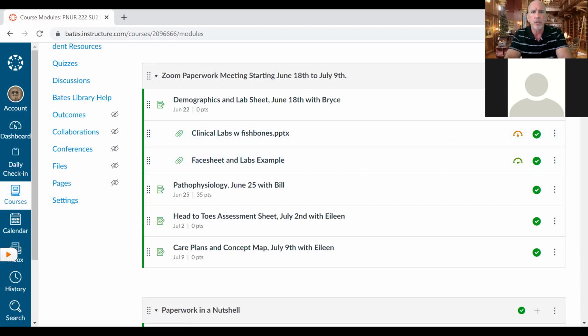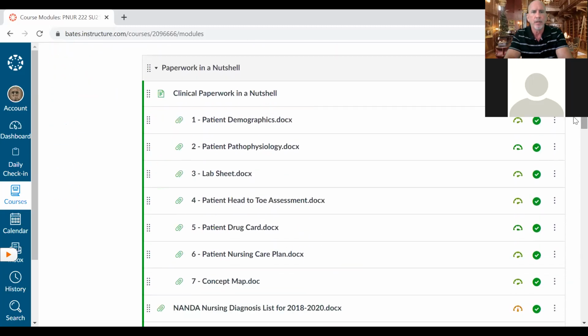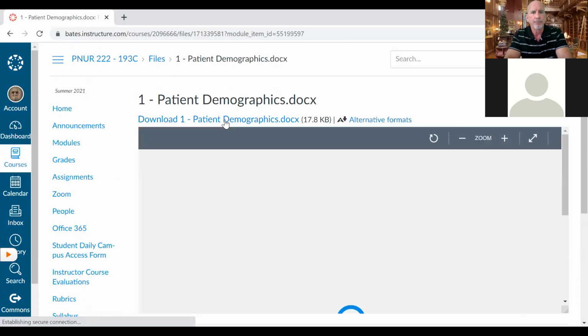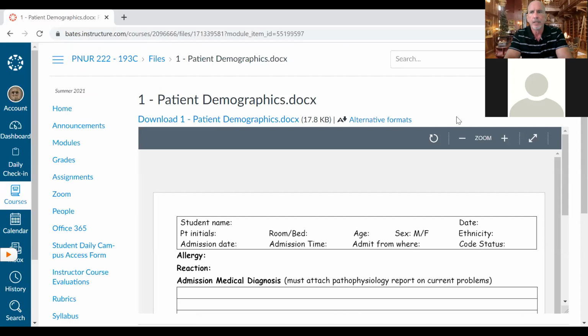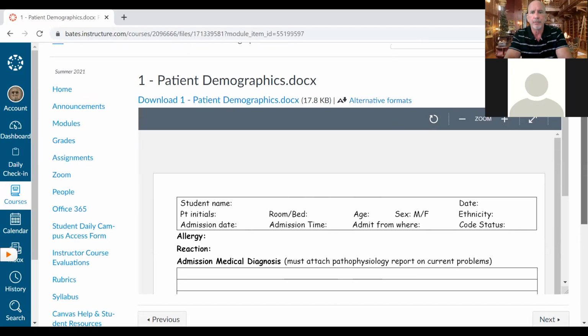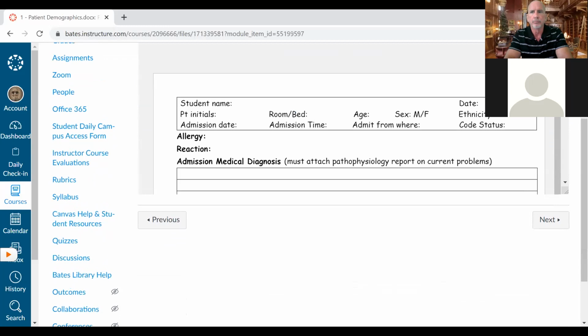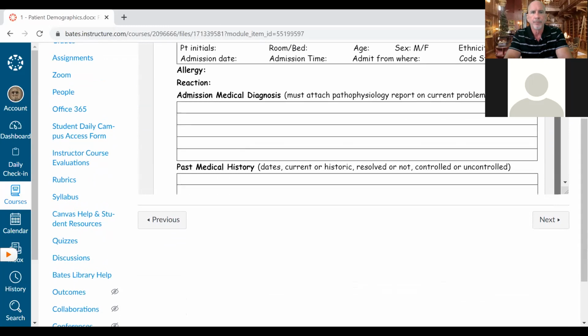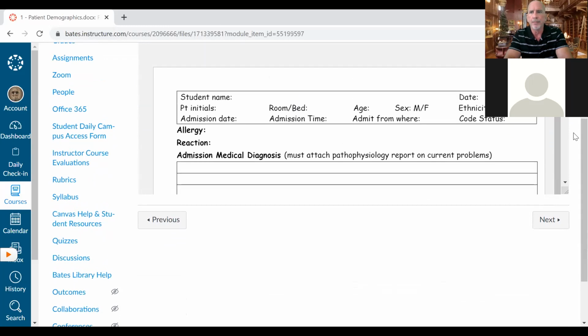Let me show you, first of all, this is the patient demographics sheet. As you can see, here's the blank one, and we're going to go through that right now.